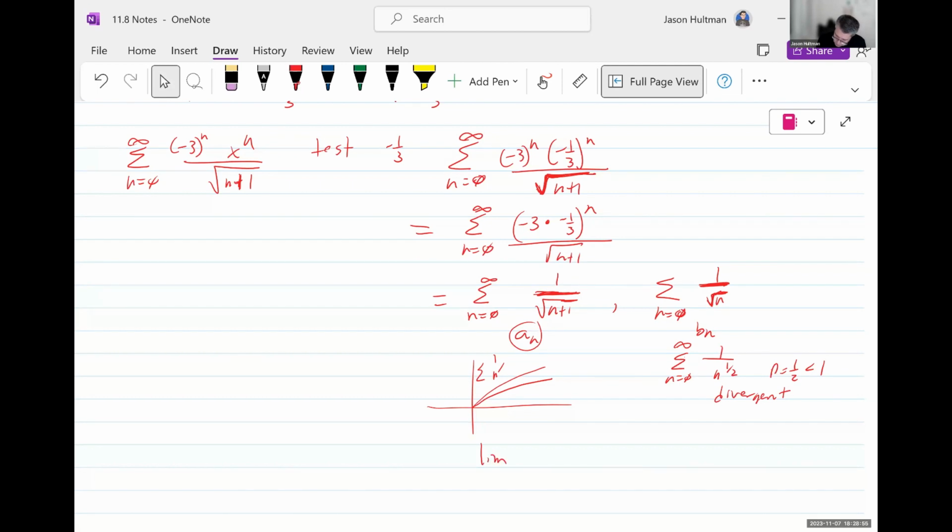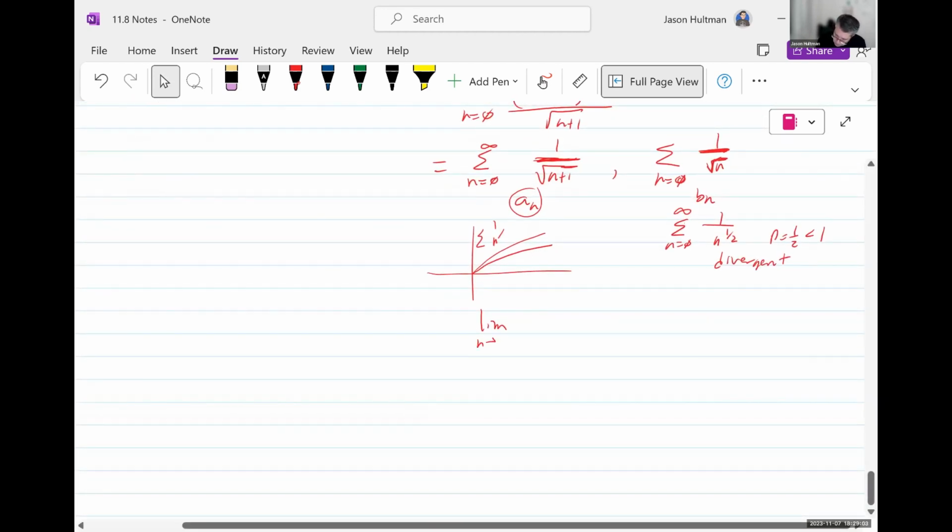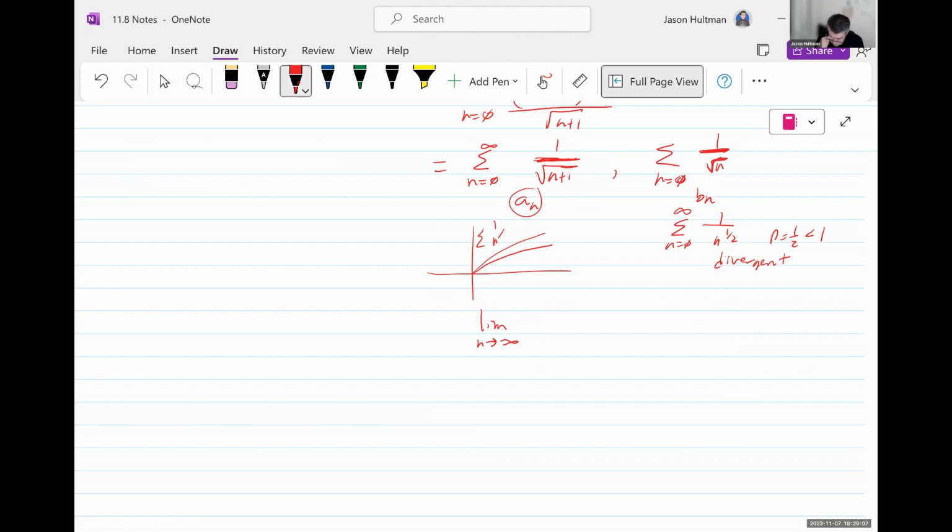So the limit comparison test tells me that as n goes to infinity of 1 over radical n plus 1, over 1 over radical n. I don't think I need absolute value parts on that.